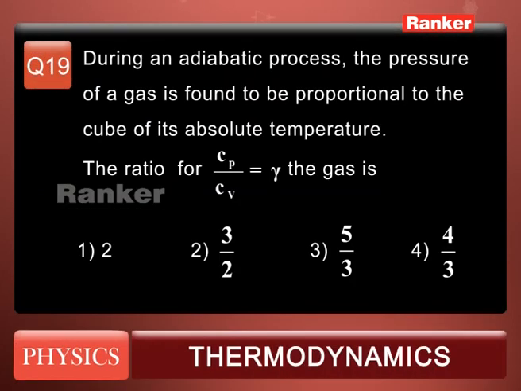Question number 19. During an adiabatic process, the pressure of a gas is found to be proportional to the cube of its absolute temperature. The ratio Cp by Cv is gamma. The gas is: first 2, second 3 by 2, third 5 by 3, the fourth 4 by 3.